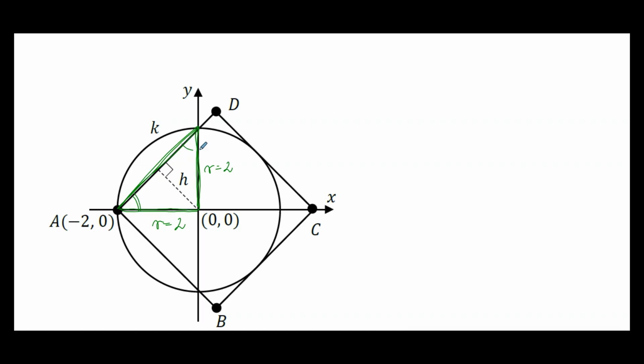That this angle here and this angle here are the same. As well, we know that the x and y axes meet at a right angle. So if this angle is 90, then those two together are 90 as well. Since they are the same, if I divide 90 by 2, we get 45. So each angle here is 45 degrees.